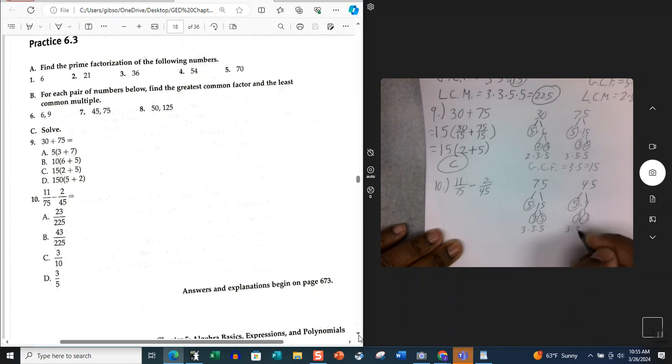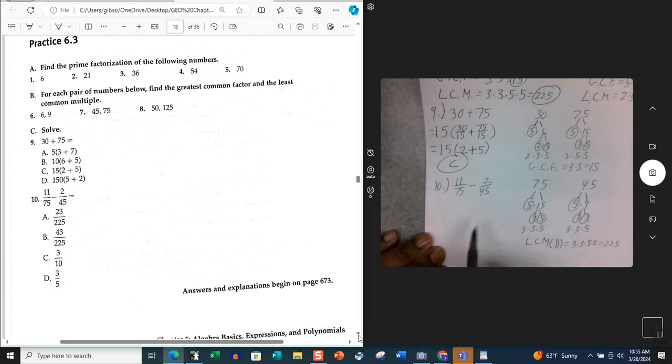So it'd be 3, 3, and 5. So now we would do our least common multiple, or I'm going to put in parentheses D for denominator. So we would have 2 3s and 2 5s. And that would give us the 225. So our least common multiple or denominator would be 225.